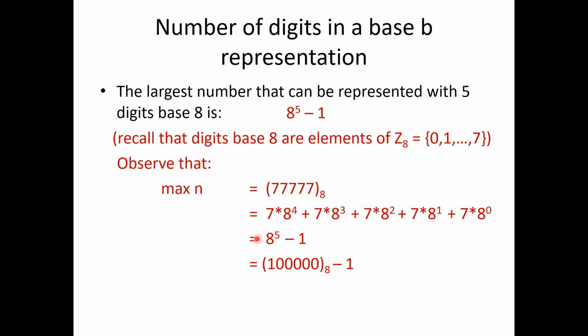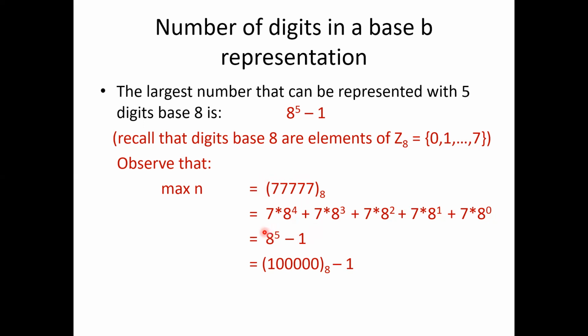And this makes sense, that this highest number is 1 away from what would be the next number in base 8. It would be 1, and all these guys become zeros. Because if I try to get the next base 8 number, I increase this one, I can't, so it's a 0 with a carry. This becomes a 0, carry, 0, carry, 0, carry, and I get a 1.